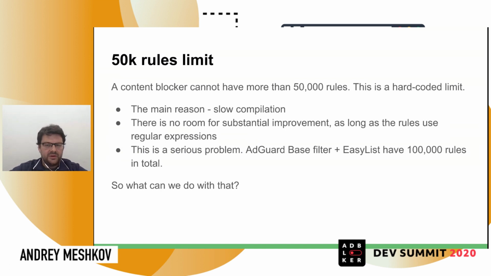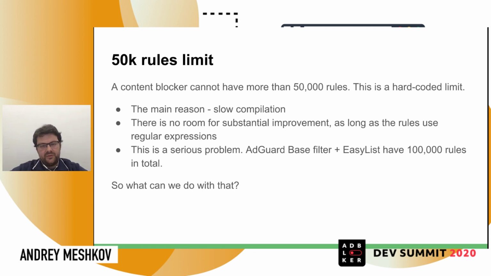They may increase it a little bit in the future because new devices are faster, but this will not magically solve all our problems. They will not increase it 5 times. And there is no room for substantial improvement as long as the rules are based on using regular expressions.